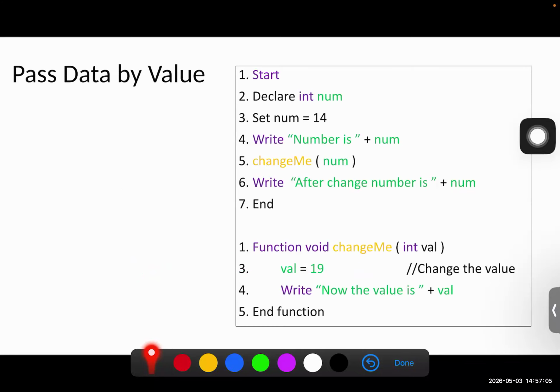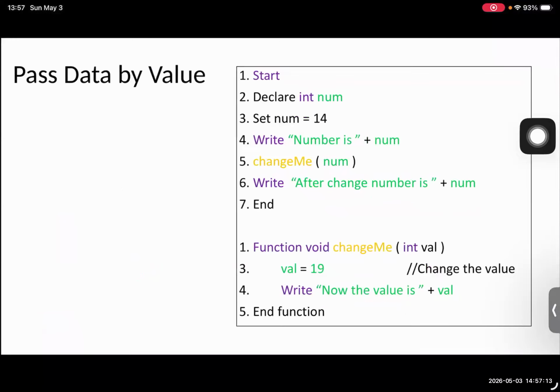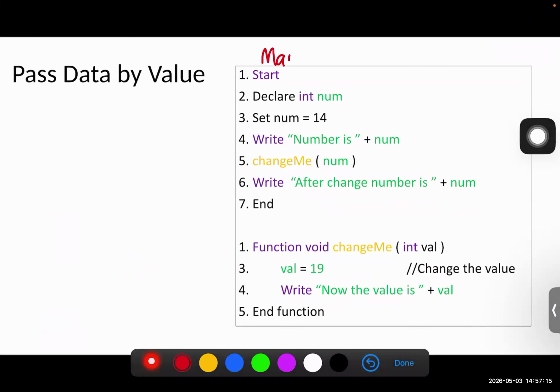So for example, over here, we have our main program. Look at our main program. We start the program. We declare a variable called num. Remember, num is an integer.